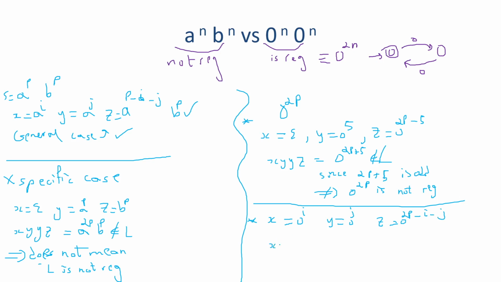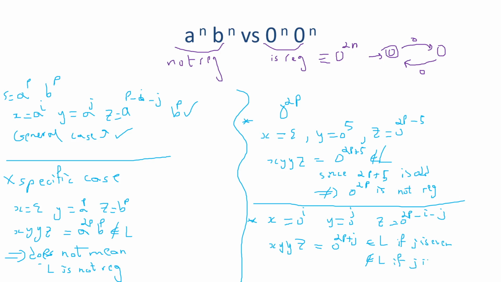When I pump up, x, y, y, z is 0^(2P+j). So I added j zeros because of Y. This may belong to my language, maybe not. It depends really on j. So it will belong to my language if j is even. It will not if j is odd.